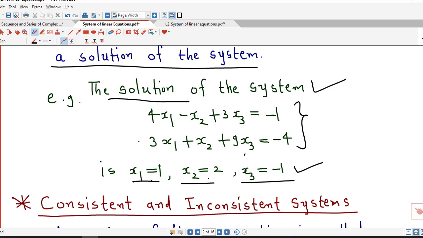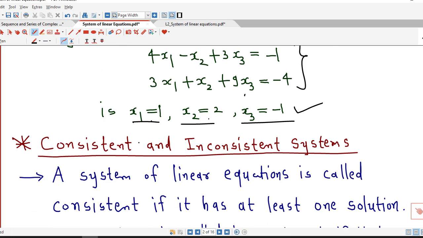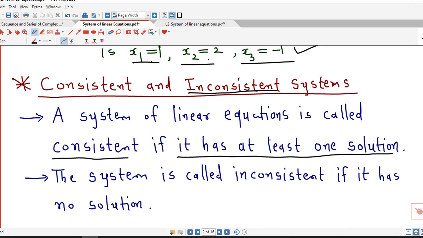So depending on the types of solutions, there are two types of systems, consistent and inconsistent systems. A consistent system means a system having at least one solution, and a system which has no solution is known as an inconsistent system.